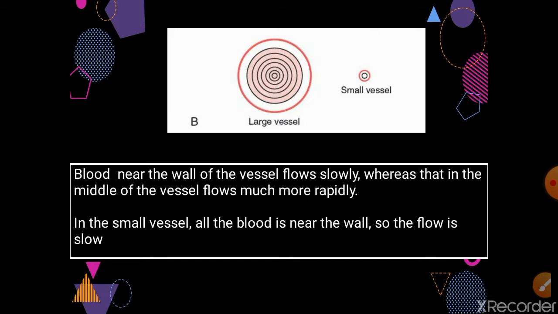But as we move towards the center of the blood vessel, the flow becomes more rapid owing to decreased resistance. Now look at the smaller vessel. In this small vessel, all of the blood is in contact with the vessel wall. So, the overall flow within this blood vessel is slow due to greater resistance.